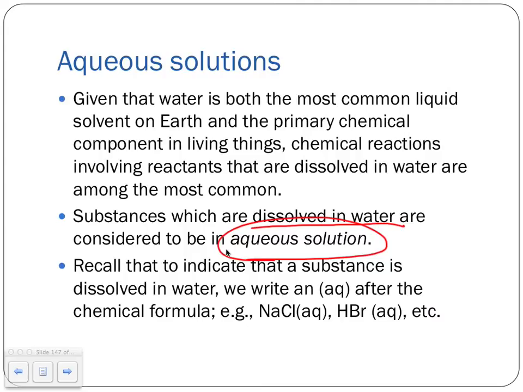Remember that we indicated that at the end of a formula name by using that AQ notation. And so if we were trying to write out salt water, to show that salt was dissolved in water, or sodium chloride in water, we'd write it out with that AQ, indicating that it's an aqueous solution.